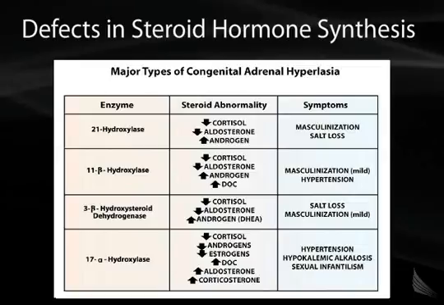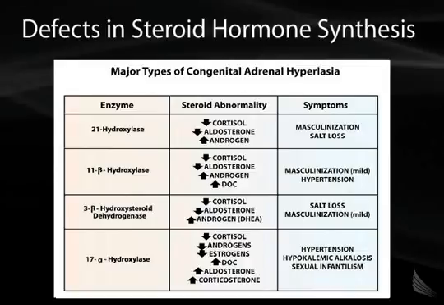With the enzyme 21-hydroxylase being affected or mutated, the abnormalities resulting as a consequence would be a low cortisol. But because 21-hydroxylase is so important, you will also have a decrease in aldosterone, and as a result, the pathway is shifted towards the androgens, and androgen levels are increased.